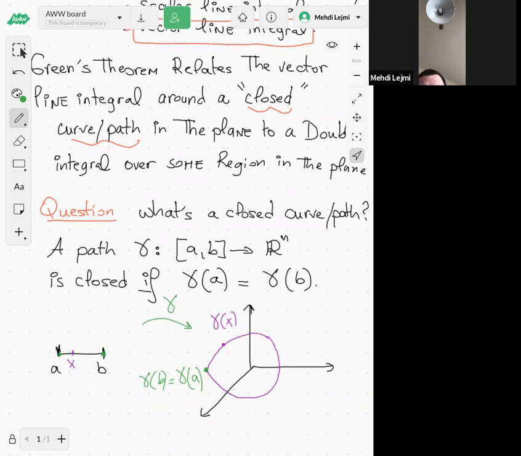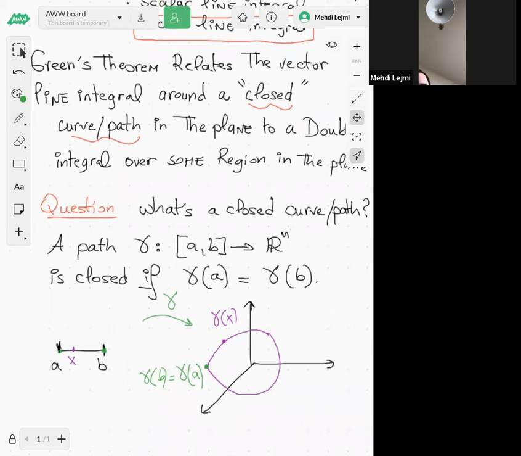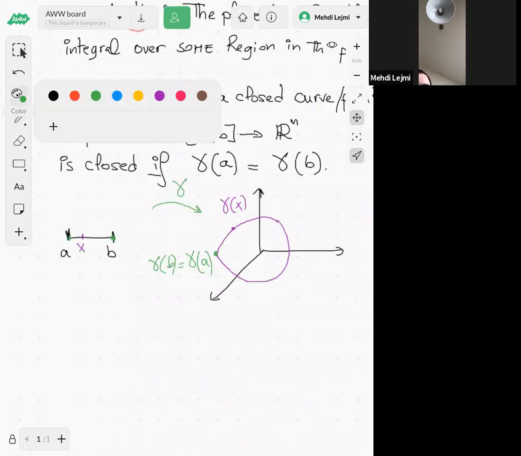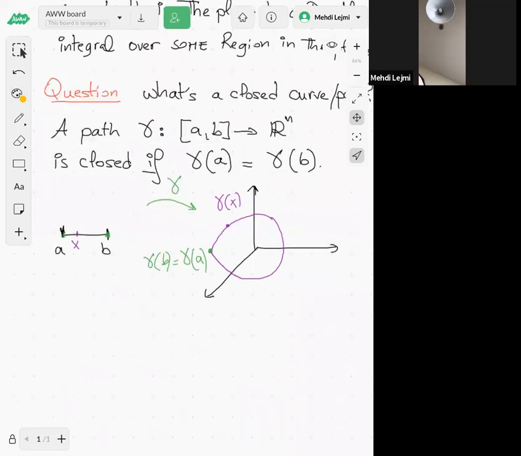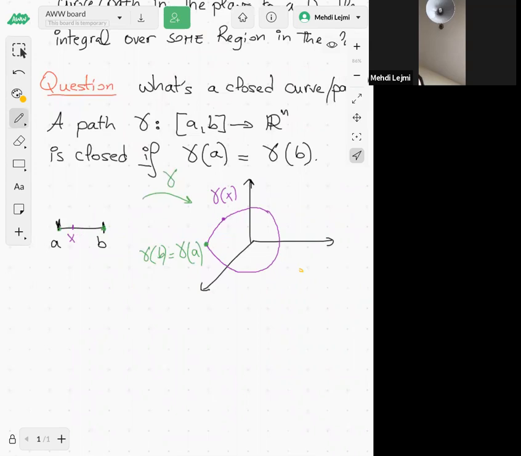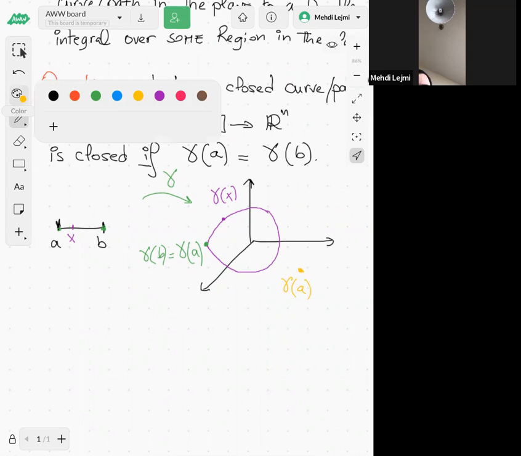Now, this example is a very simple, basic example. You could have more complicated closed curves. So another example would be, let's say this is gamma of A, and then you graph your path.